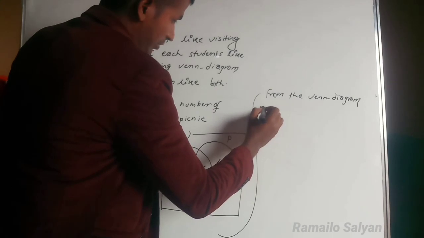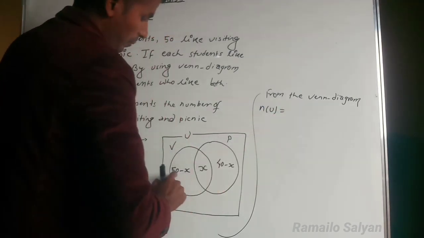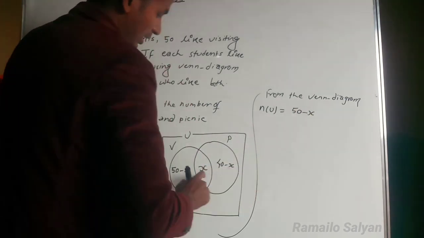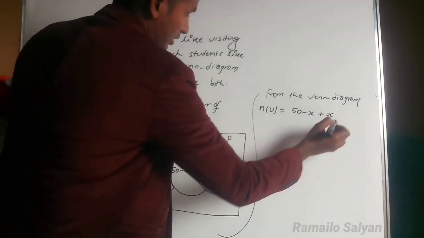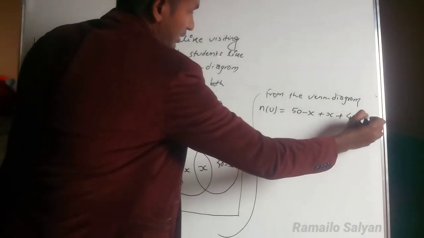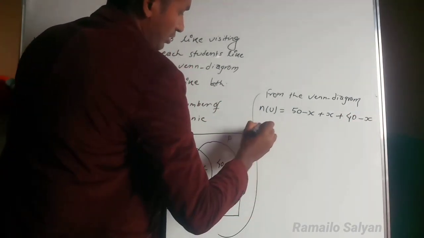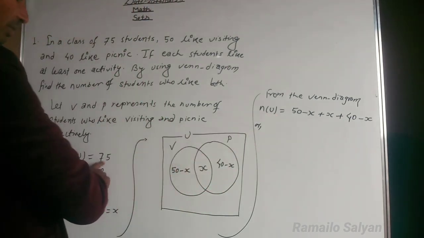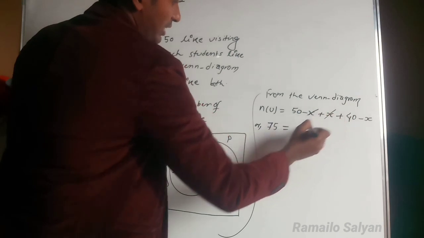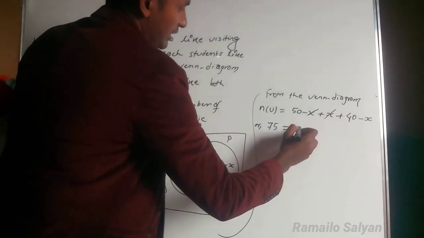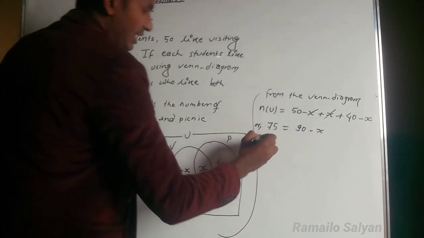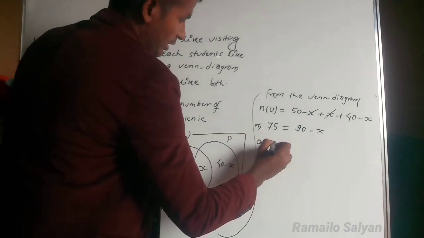Now from the Venn diagram, number of U equals only region of V, which is 50 minus X, plus the intersection X, plus only region of P, which is 40 minus X. Replace the value of number of U, which is 75, so 75 equals 50 plus X minus X plus 40 minus X. Plus X and minus X cancel out. 50 plus 40 is 90 minus X. Then arrange like terms.